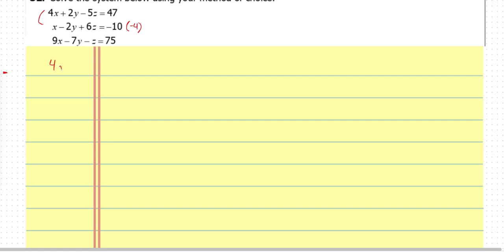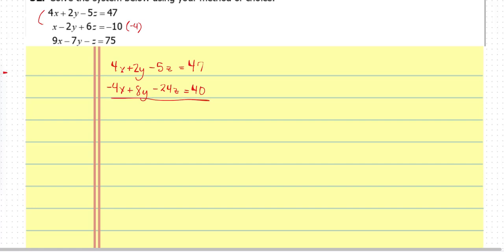So if I have 4x plus 2y minus 5z is equal to 47. On the second equation, I'm multiplying everything by -4. So -4x plus 8y minus 24z is equal to 40.